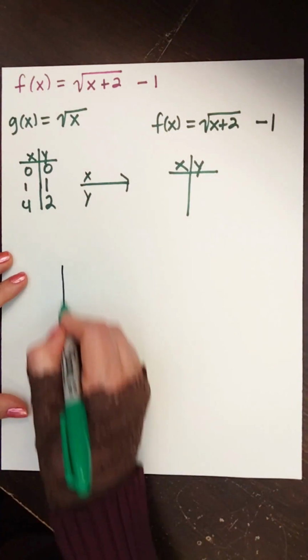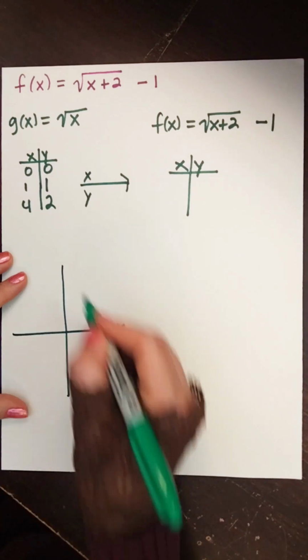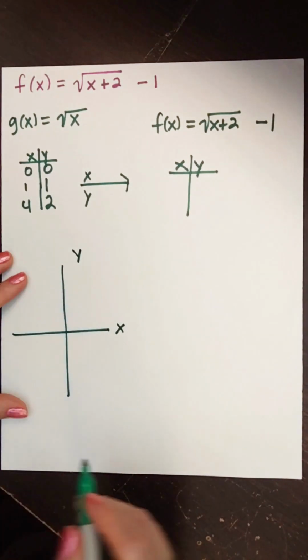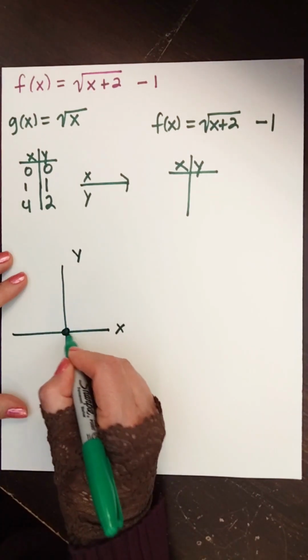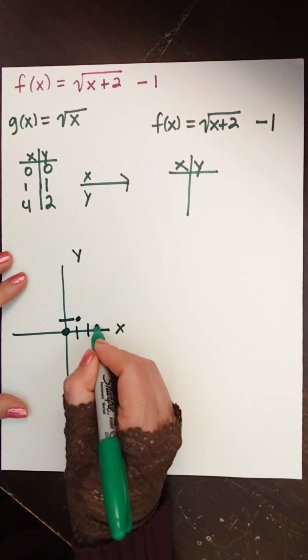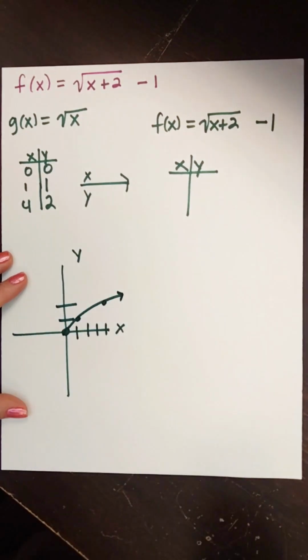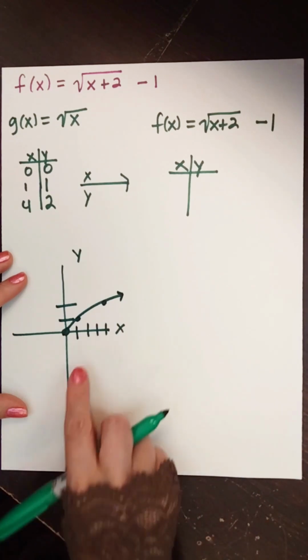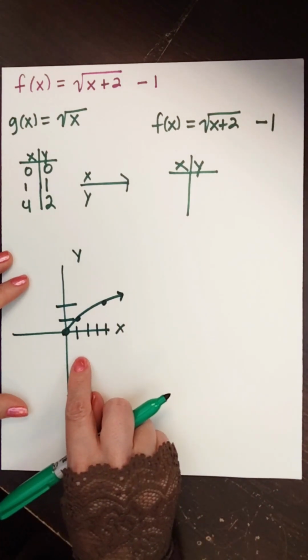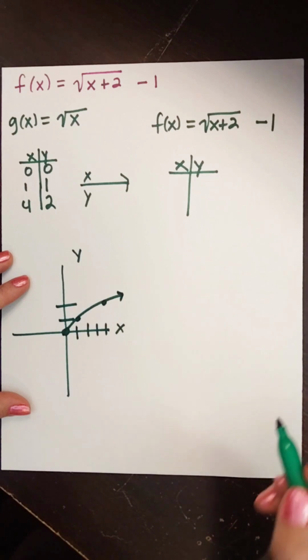So then if I look at my starting function, I have 0, 0, 1, 1, and 4, 2. So I see this is the shape of my graph. This is how it looks, my starting function.